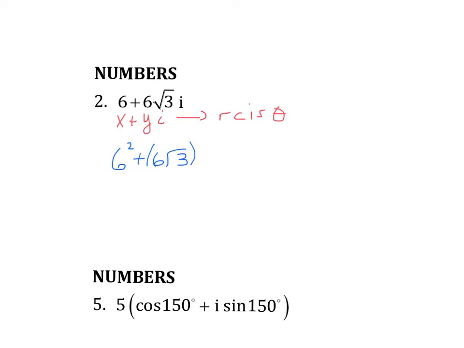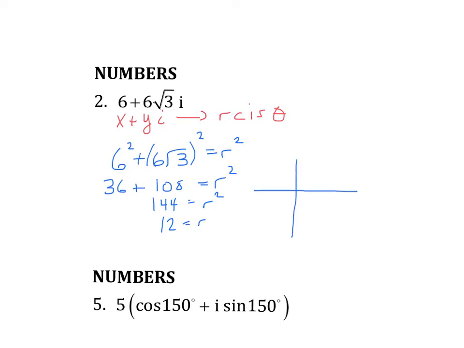6 root 3 squared equals r squared. So that's 36. 6 root 3 squared is 108, is r squared. 144 is r squared, so then 12 is r. Now, we could have also drawn the picture. You're in the 1st quadrant, where your x value is 6, your y value is 6 root 3.